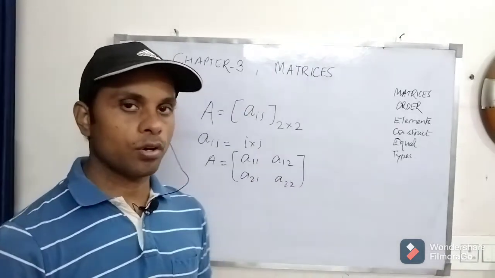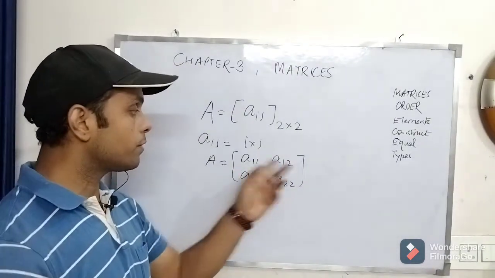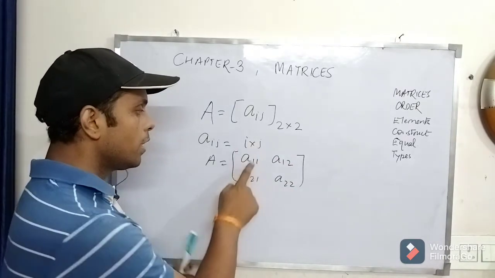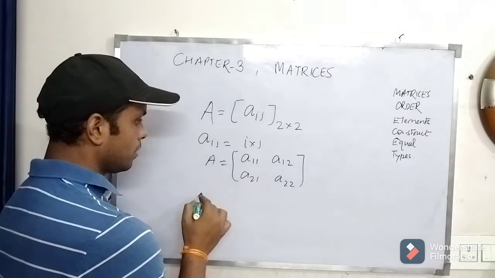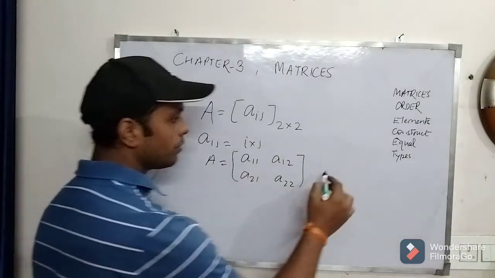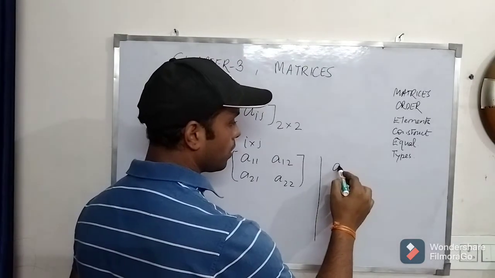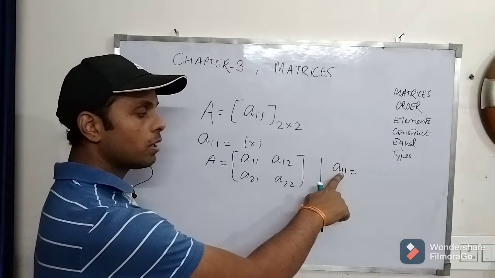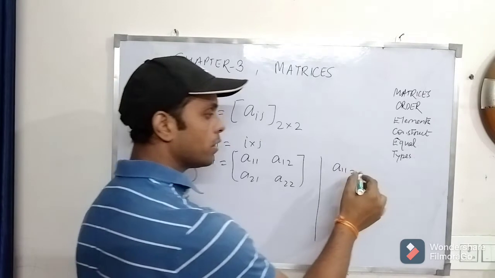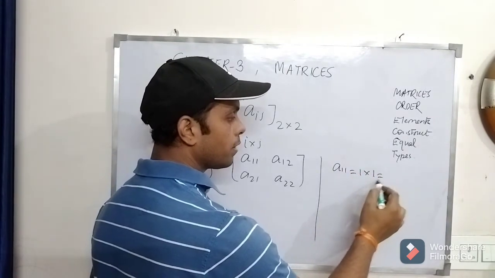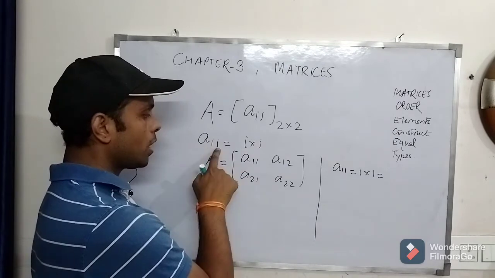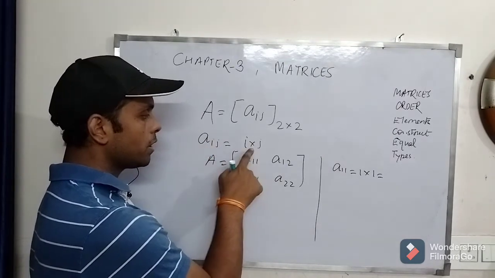Okay, now how to find these 4 elements? It's quite easy. The definition is given here. If we find A11, then look what to do. A11 means the value of i is 1 and the value of j is also 1. So 1 by 1, since i is the number of the row and j is the number of the column, their product is here.